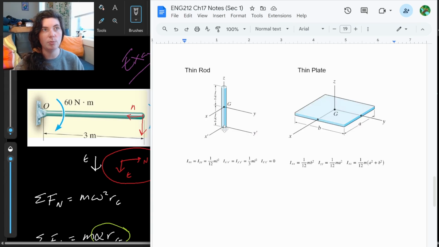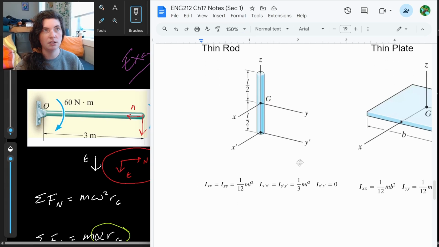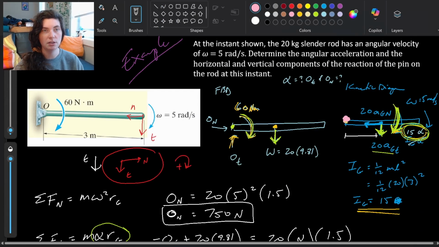So if I take the moment of inertia at the end of this thin rod, it's 1/3 ml squared. Let me zoom in a little bit so you can see that a little better. So this end here is designated by 1/3 ml squared. Through the center, it's 1/12 ml squared, but through the end point, it's 1/3 ml squared.